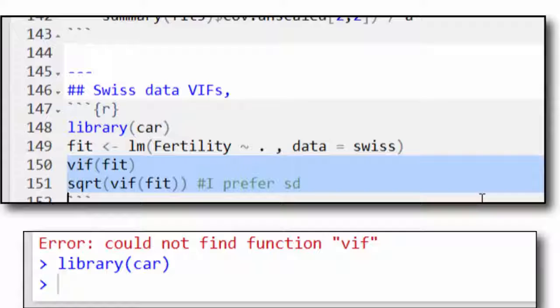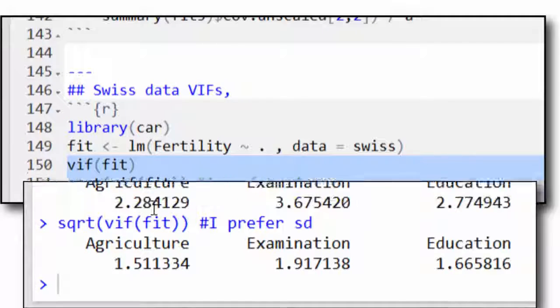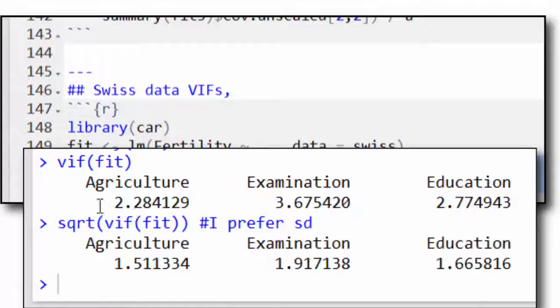And rather than the variance inflation factors, I would look at the inflation factors for the standard deviations, which is just the square root. So let's look down here. On the first line, I have the variance inflation factor by itself, and then in the line below it, I have the square root of it, which I tend to prefer. So let's look at the first line, just because it's the more normal thing, the variance inflation.